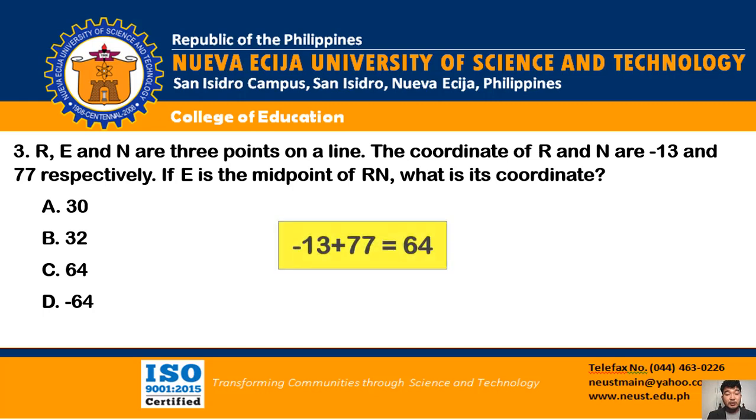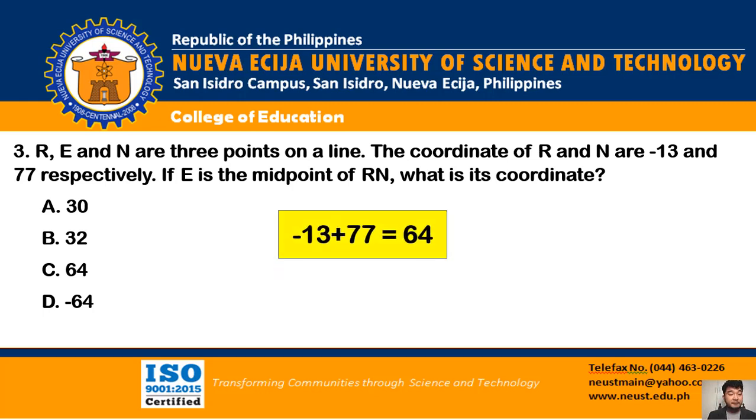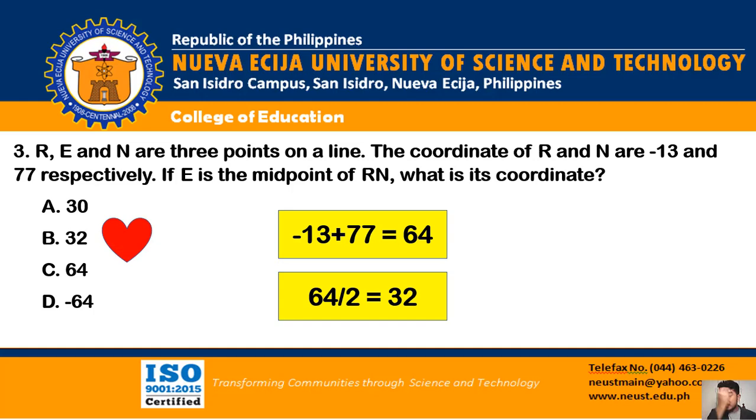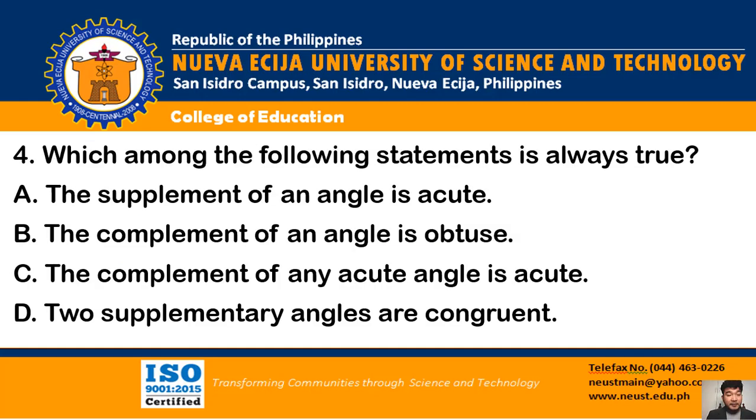So what we have to do is to add the endpoints, -13 plus 77, that is equal to 64. Then you divide that by 2. 64 divided by 2 is equal to 32. That means the midpoint is letter B, which is 32.